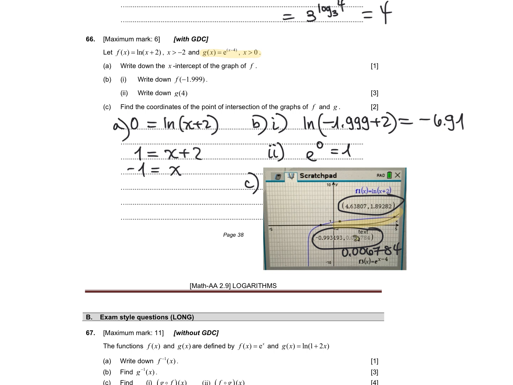And if you look for the blue function, that's only good for x greater than -2, because the asymptote should be here at -2. So yeah, this one doesn't count basically because it has to be the intersection of their domains, which is x greater than 0.